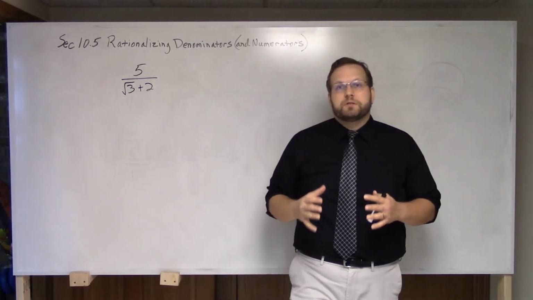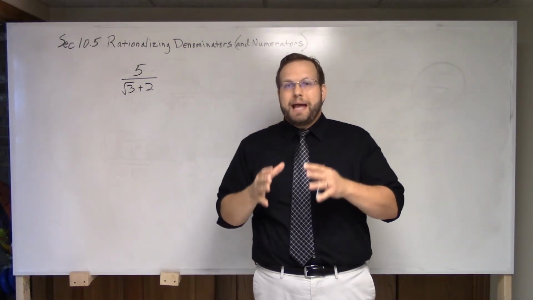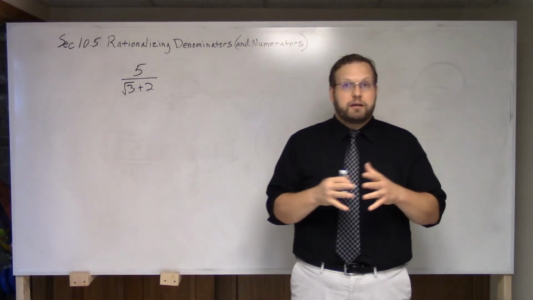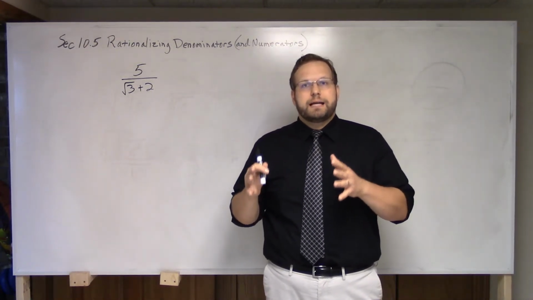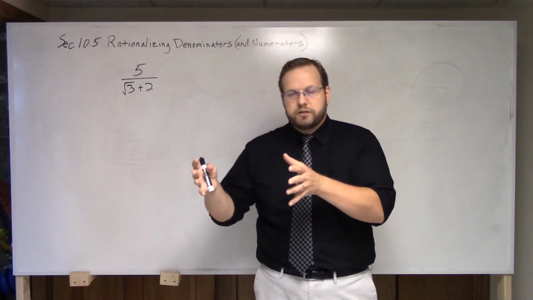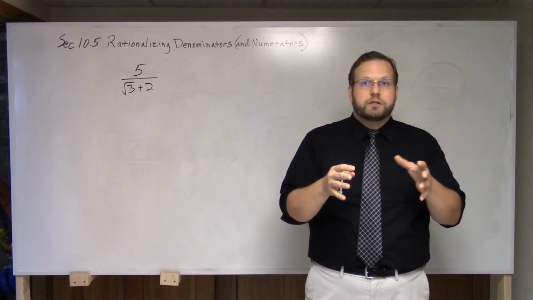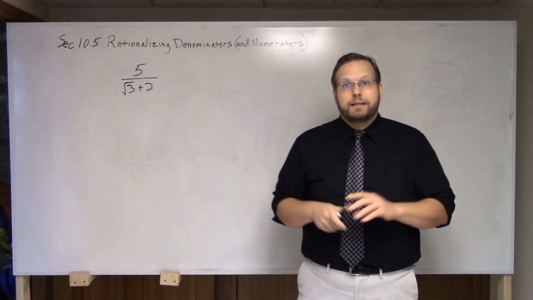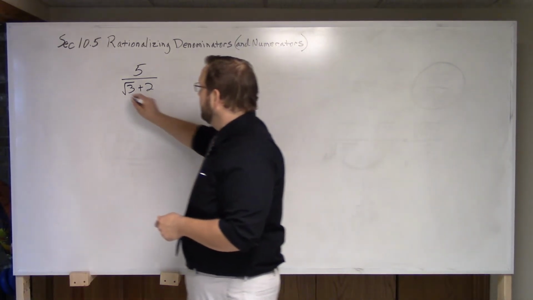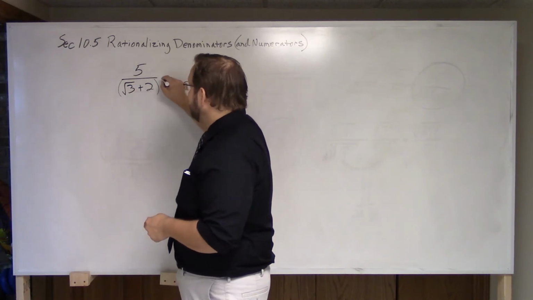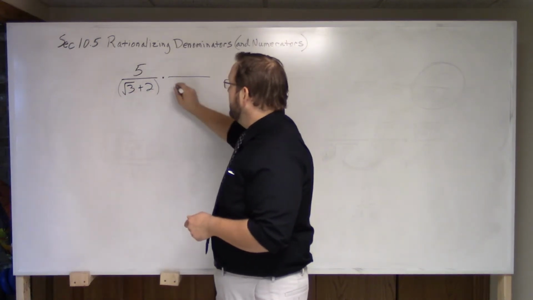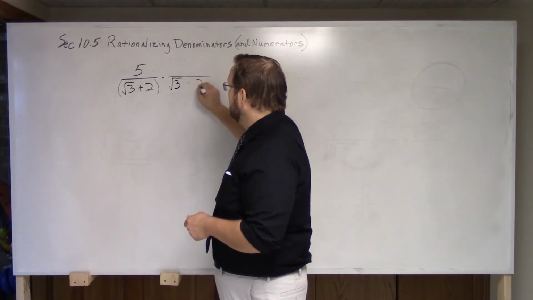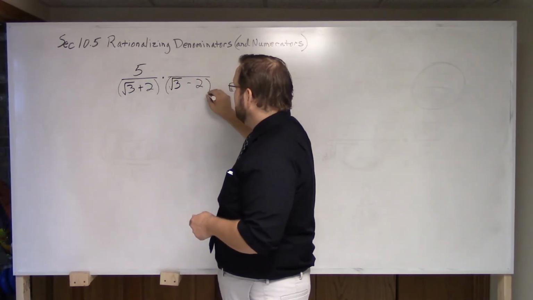So what we have to do is remember back from the previous section when we were just multiplying radicals. There was a certain type of two-term expression times a two-term expression that eliminated all the radicals. And what that is is when we take the same two terms, and if we're adding here, we subtract here.